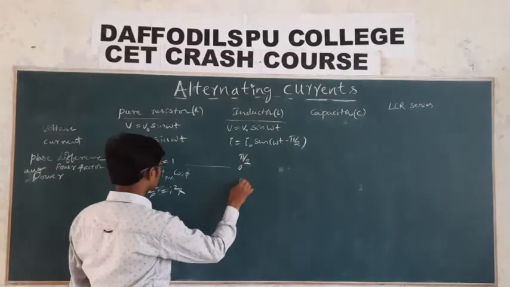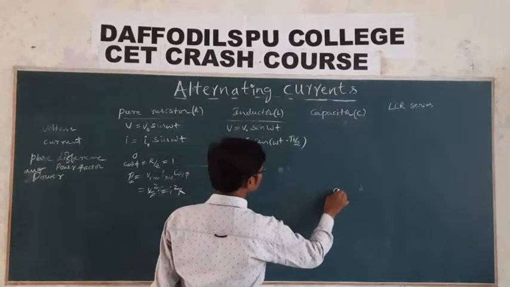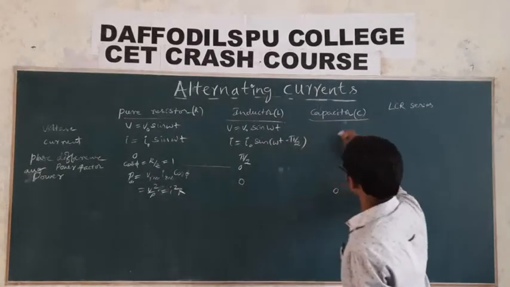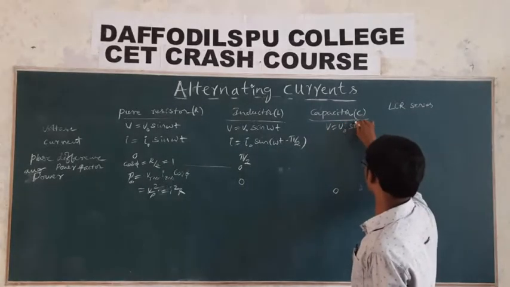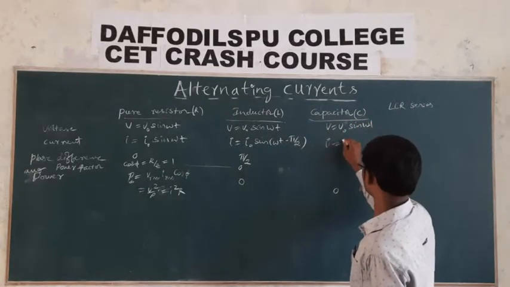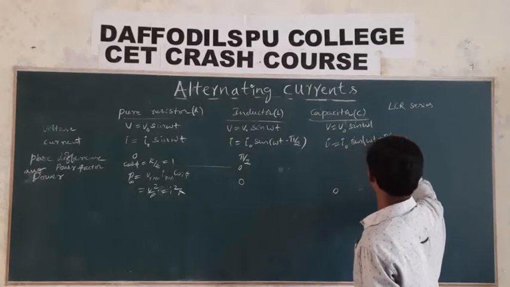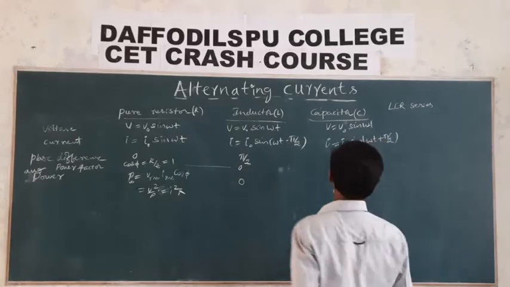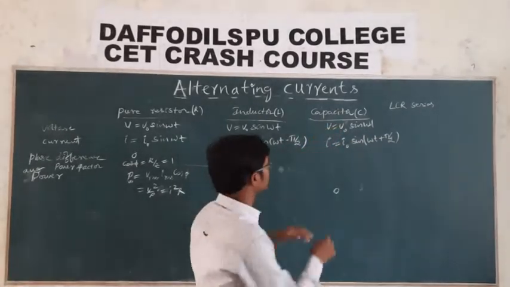That means the power loss is 0. Now for the capacitor circuit, V is equal to V naught sin omega t, whereas current is equal to I naught sin omega t plus pi by 2, leading the voltage.